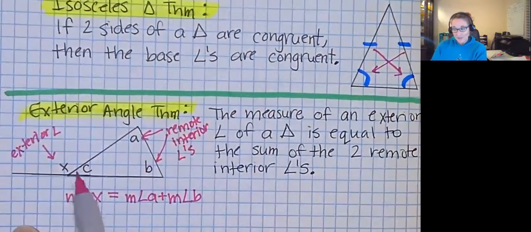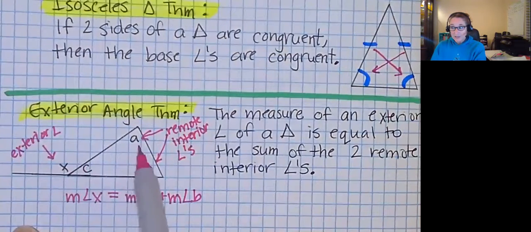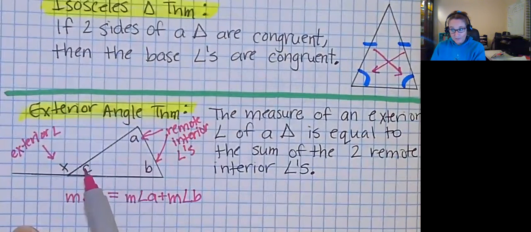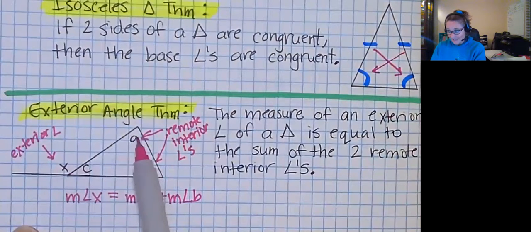And again, this angle here with C makes 180. These two angles with C makes 180. So that means X and A plus B need to be the same.